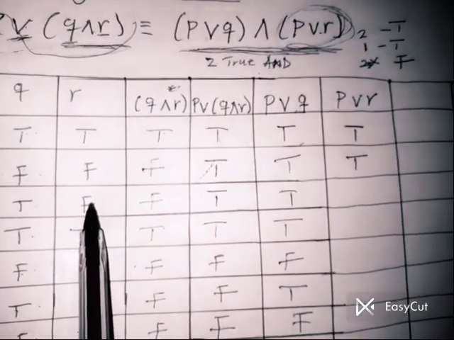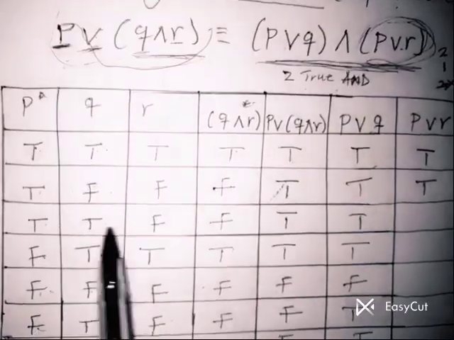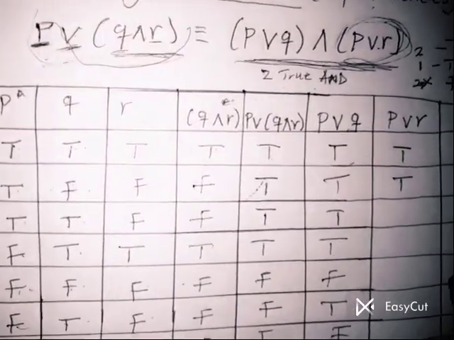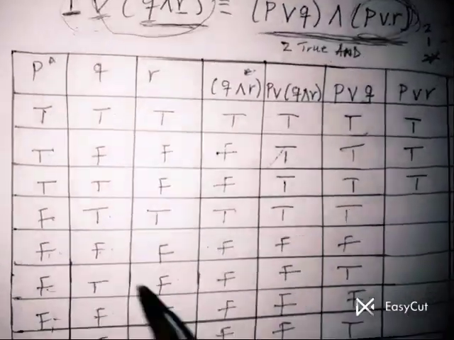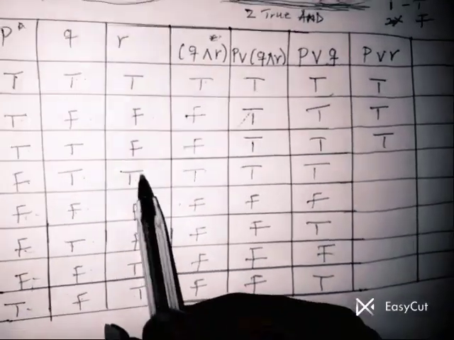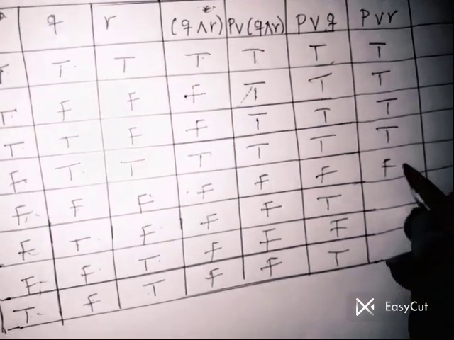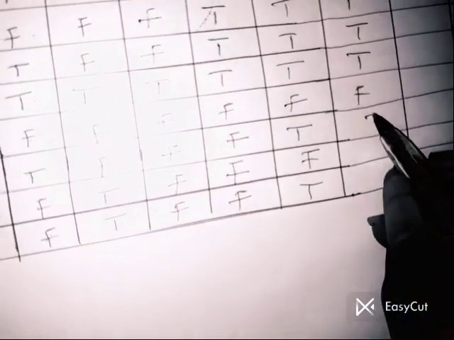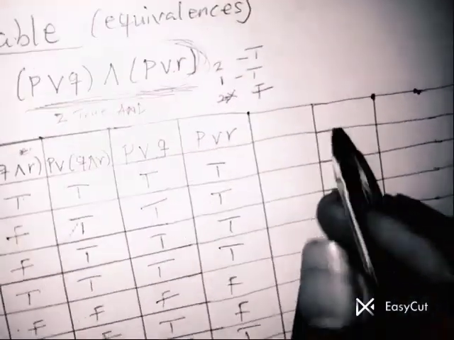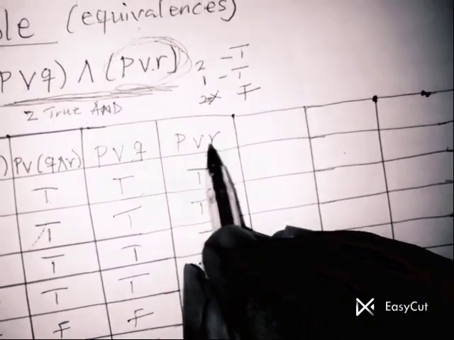That is P or R. True, false is true. False, true, true. False, false, false. False, false will be false. False, true will be true. And true, true will be true. So this is what we also get for P or R.